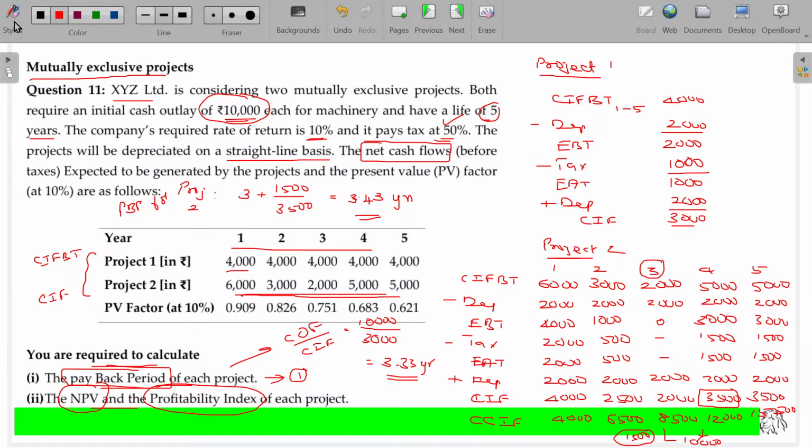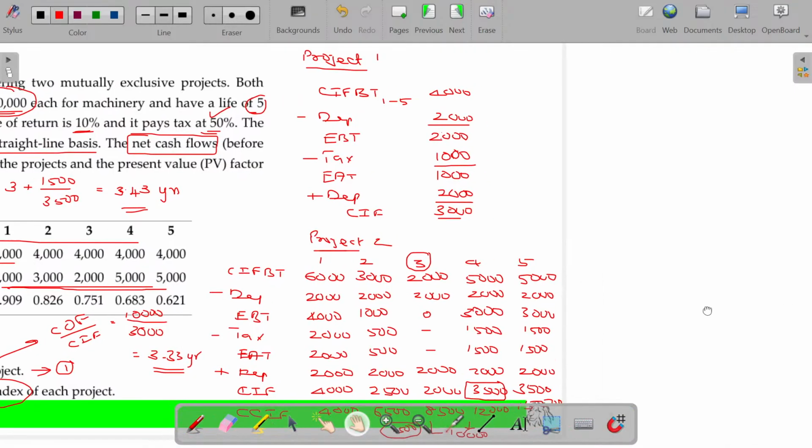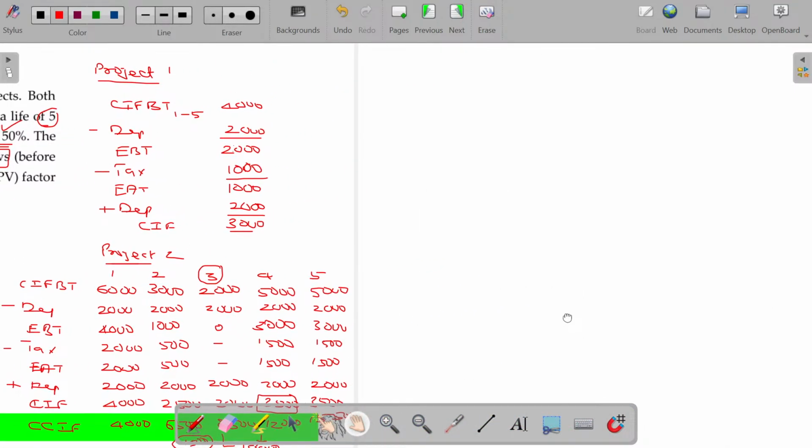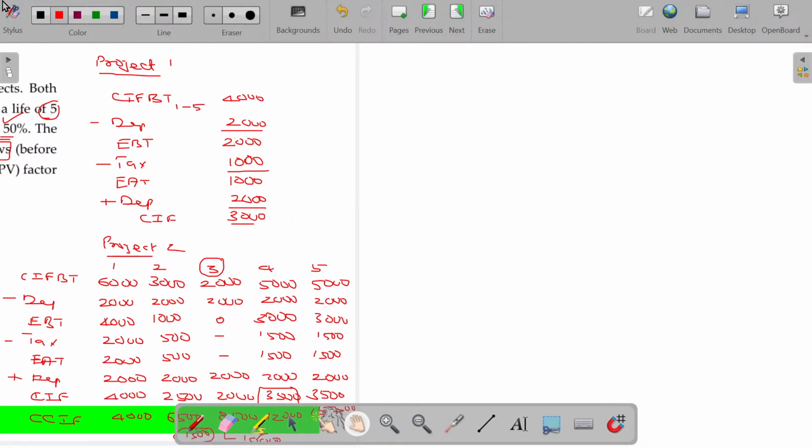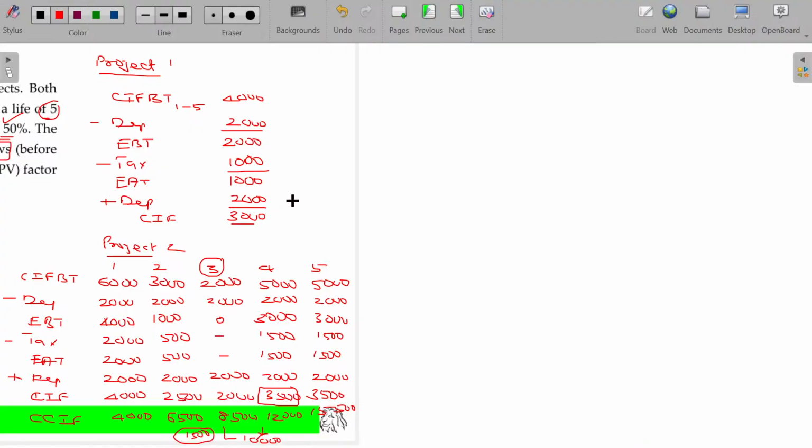Now we'll go for calculating the NPV. Here payback period for project 1 and project 2 is 3.33, 3.43, and project 1 is chosen.